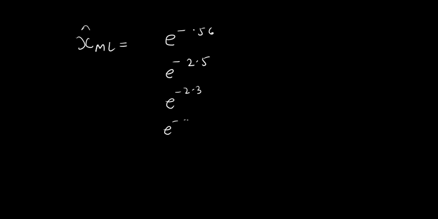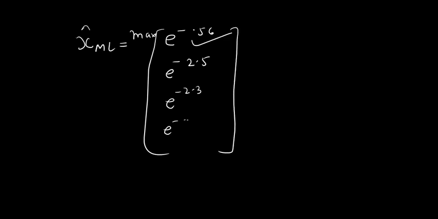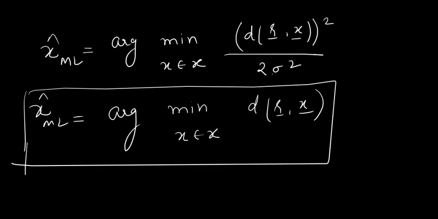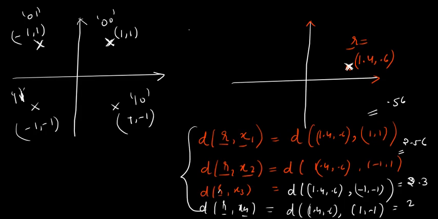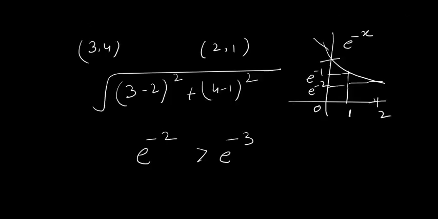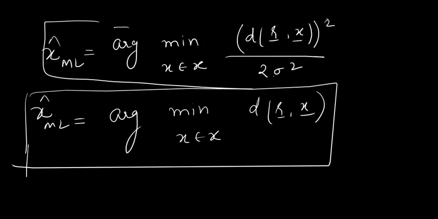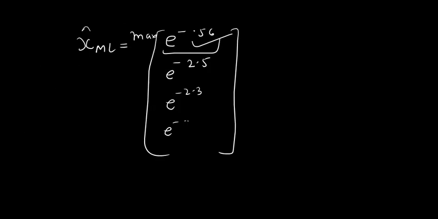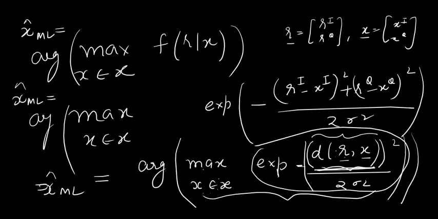Which one is maximum? This one. That's what I'm saying. Don't evaluate the exponential, just see the minimum of this. Rather than doing argmax, you can do argmin, because the exponent which is minimum will give you the maximum value.